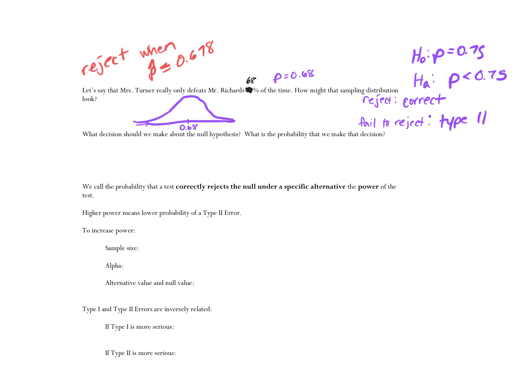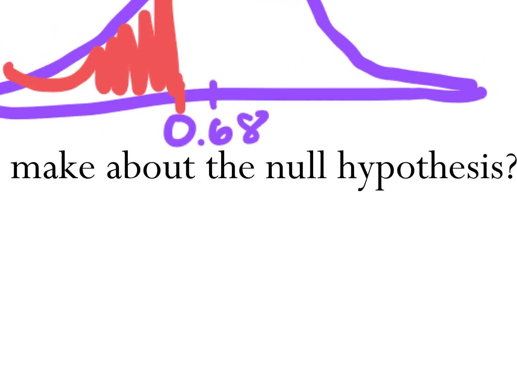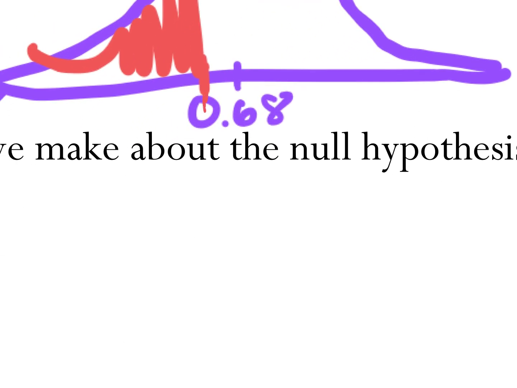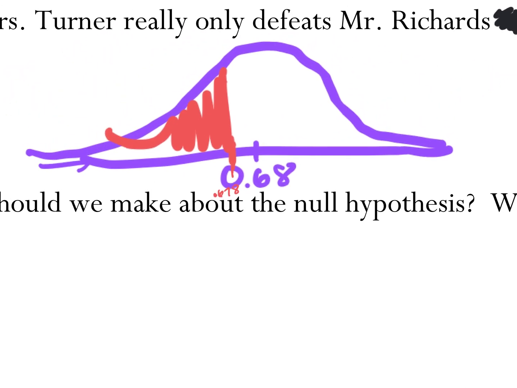So, if her actual win percentage is 68%, what's the probability that we make the correct decision? Well, we're going to do that everywhere to the left of 0.678. And can we find this probability?